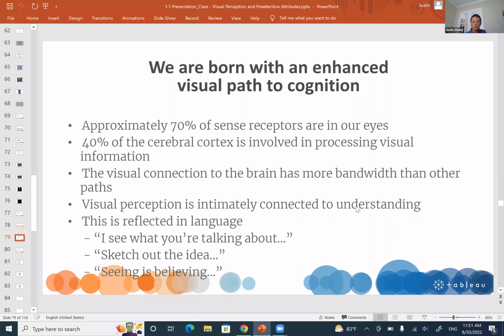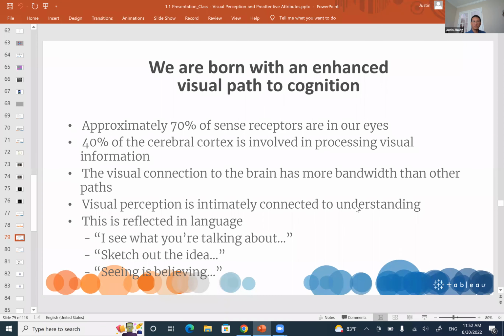So we are born with an enhanced visual path to cognition. About 70% of our sense receptors are in our eyes. 40% of the cerebral cortex is involved in processing visual information. So visual perception is intimately connected to understanding, and the visual connection to the brain has more bandwidth than other paths.